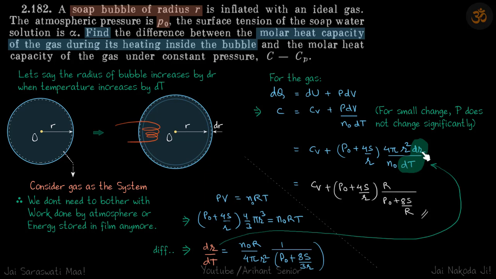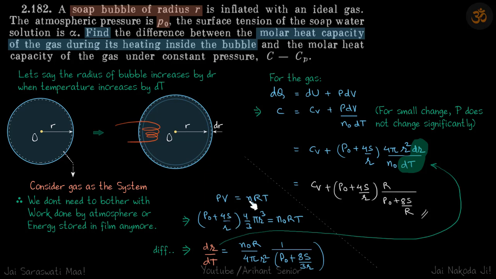So how do we get that relation? We can get that by writing our gas equation, because that is the only way we can introduce temperature. Again, pressure and volume we can write in terms of r. Then if we differentiate both sides, we'll get a term of dr/dT. So let's do that.